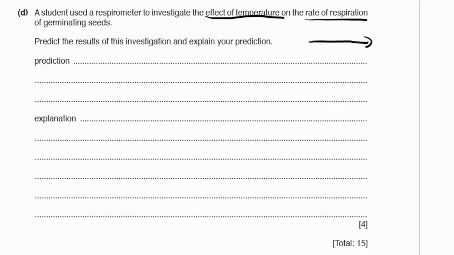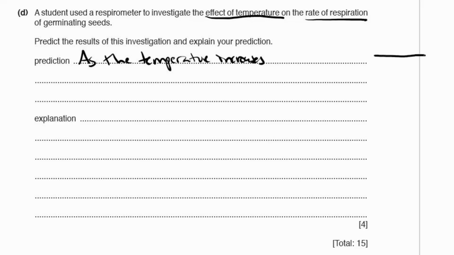When the temperature increases, what happens? Well, as the temperature increases, the rate of respiration will, what will it do? Well, first of all, it will increase. So we have our temperature increasing here. Our rate of respiration will increase.